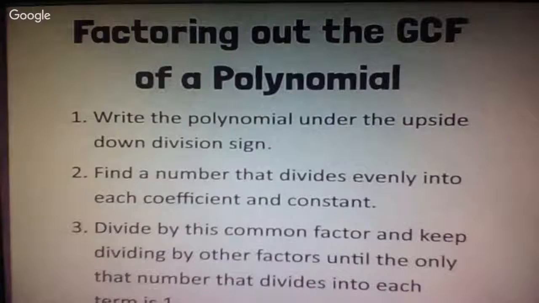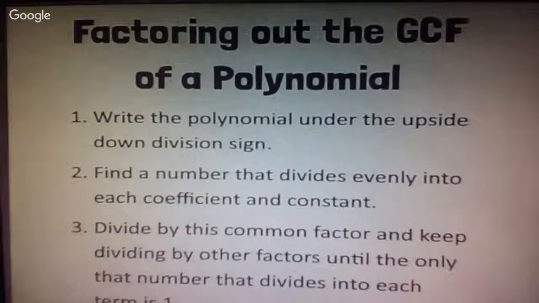So then you finish off, and to get 36, you would take 2 times 2 times 3 times 3. So factoring means you're taking larger numbers or variables and breaking it down into its smallest factors. Okay, the smallest numbers.